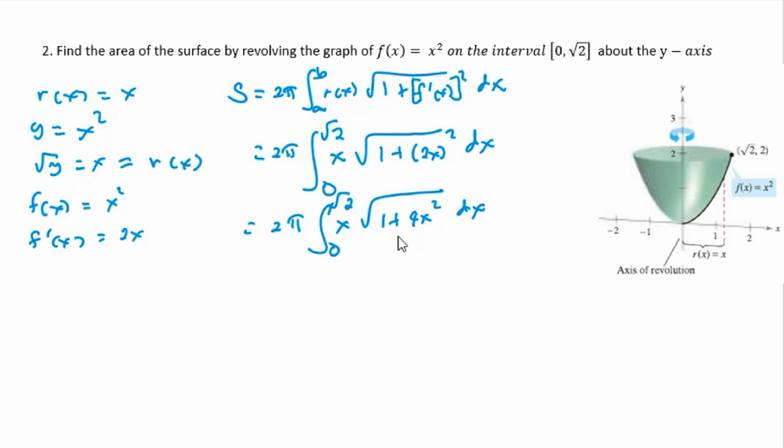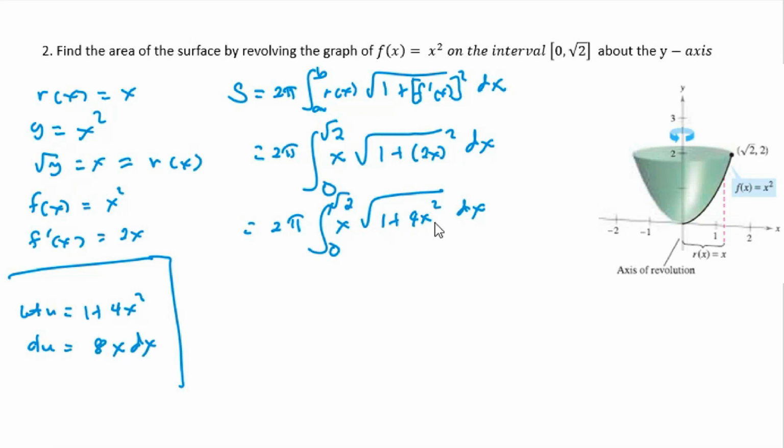Now, solving for this integrand, I let u is equal to 1 plus 4x squared, and du is equal to 8x dx. Since x dx is visible on the integrand, we have a coefficient factor of 1/8.